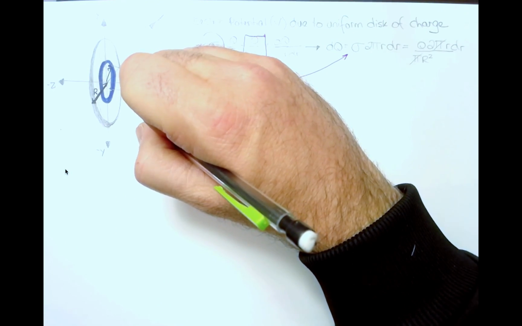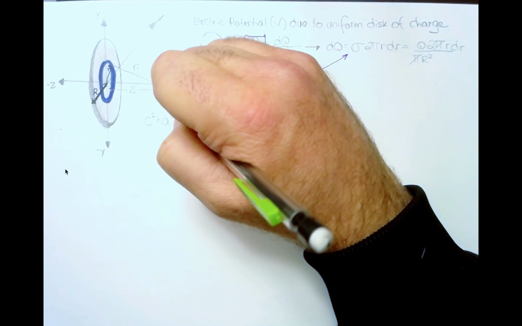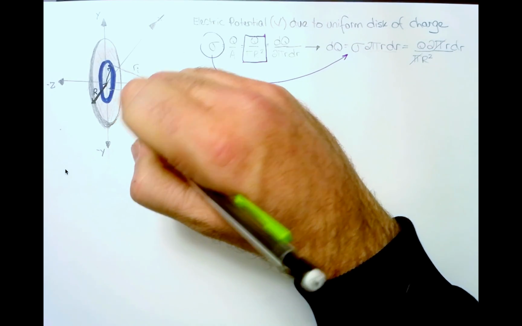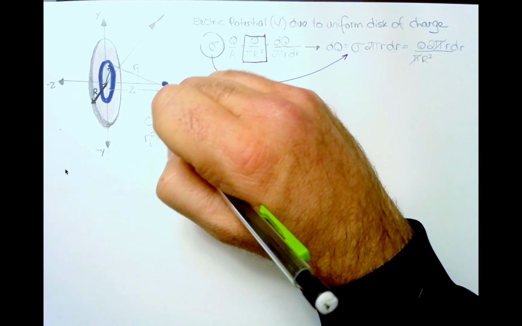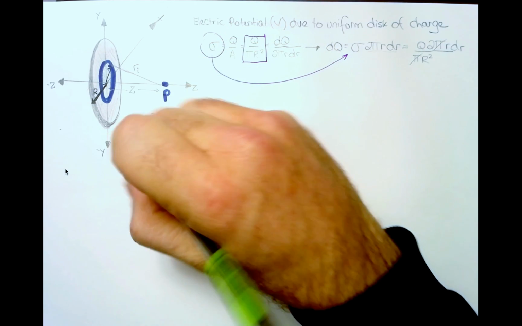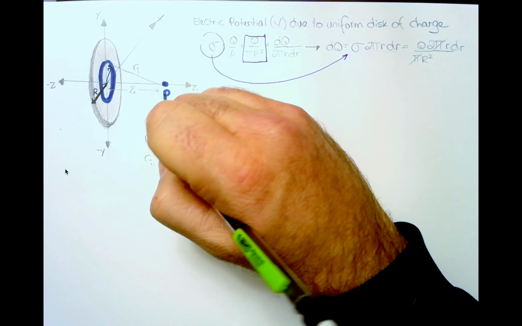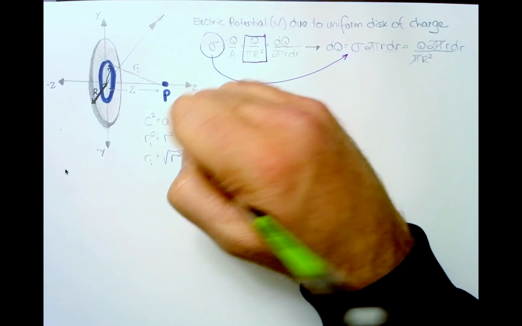And so I can just establish using the Pythagorean theorem, a squared plus b squared is equal to c squared, where the c side, or the hypotenuse, is r_i squared, and the other sides are r squared and z squared. So now I can develop this expression for r_i. It's going to be equal to the square root of r squared plus z squared.